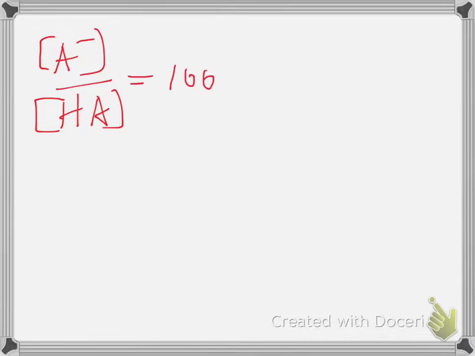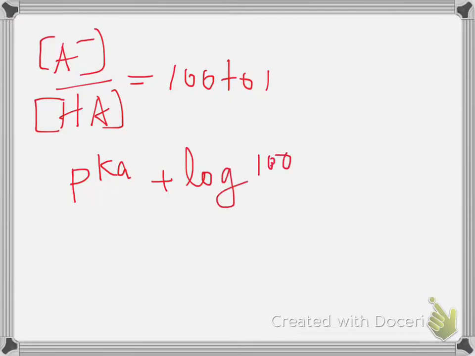Now consider another condition. When the ratio of A minus to HA equals 100 to 1, pH equals pKa plus log 100 by 1, which equals pKa plus 2.